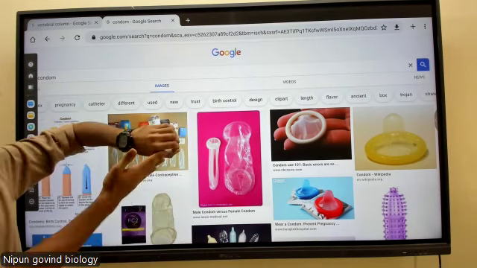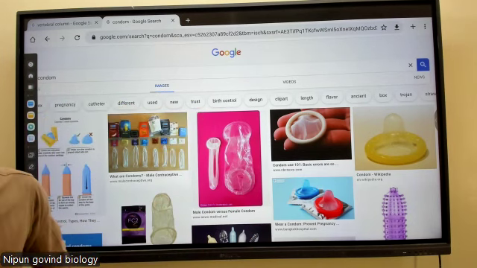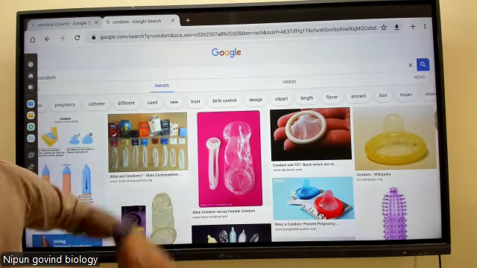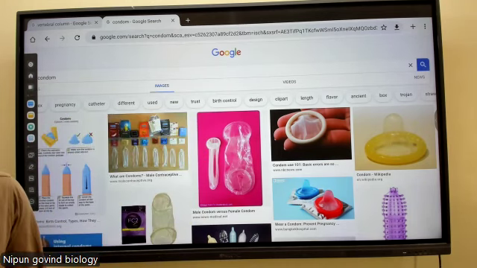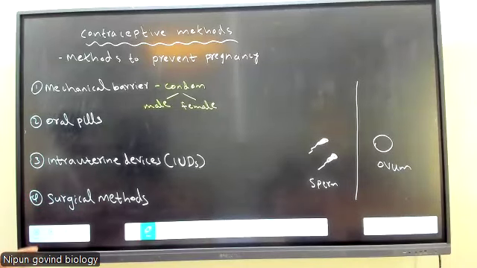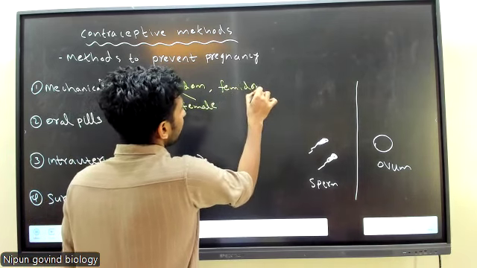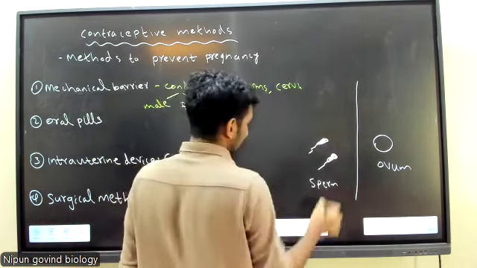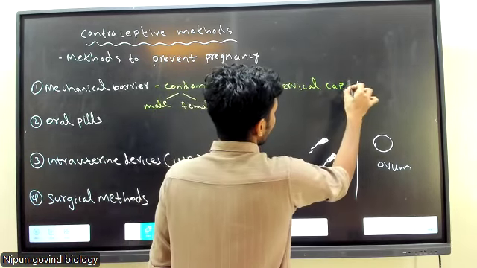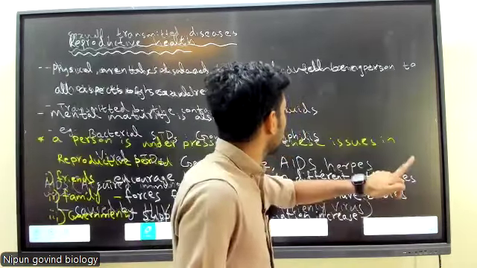For example, if this is vagina, the female condom is inserted into this. Okay, understood? It's also not like a plastic cup, it's the same thing as a condom. And another one is femidoms. Another one, cervical caps. Okay, cervical caps. I'll show you the cervical caps.